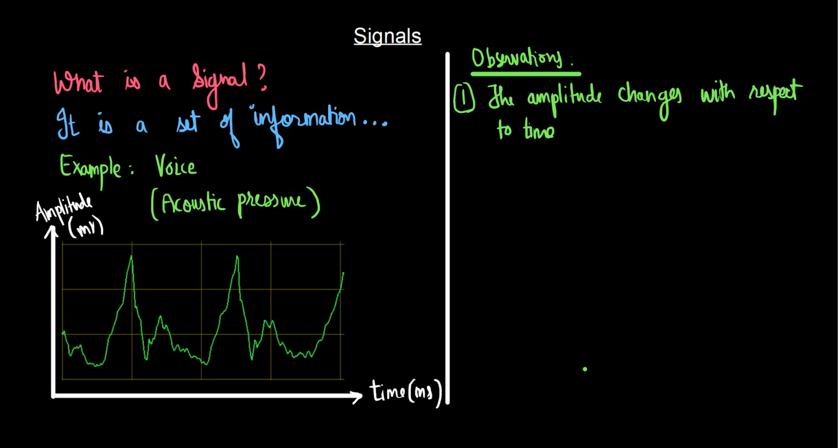Therefore, the amplitude is also called a dependent variable. Why is it called a dependent variable? Because the amplitude changes with respect to time. On what is it dependent? It is dependent on time.